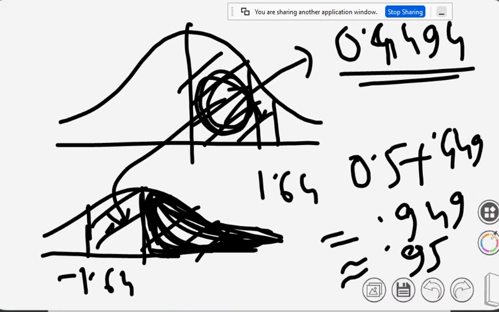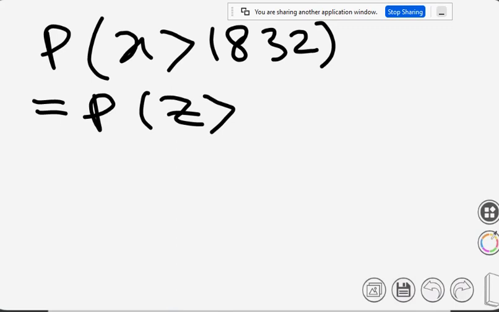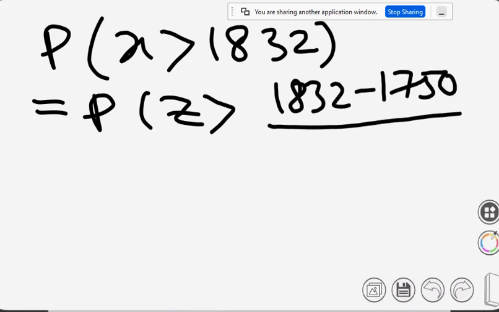Similarly, can you do the other part? Quickly do the other part. For the other part we have to find out probability X greater than 1832, which is the same as probability Z greater than how much? What is the value of Z? 1832 minus 1750 divided by 50, which gives you 1.64.